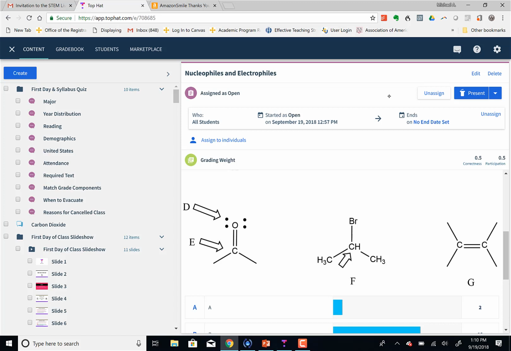Nucleophile. So what makes the double bond electron rich? The pi bond. So the fact that it has a pi bond that it could donate that pair of electrons to and not break the bond makes the double bond nucleophilic. Okay. So that G is nucleophilic as well. Okay. Right.